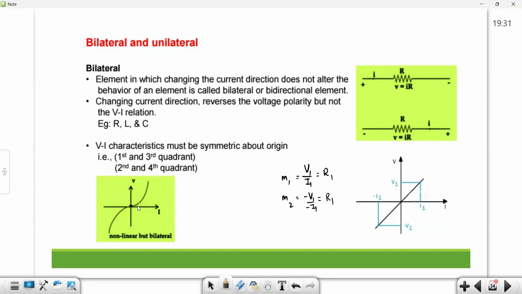If it is not, then it will be unilateral. Even if it lies in the second and fourth quadrants similarly, it is called bilateral. Fine. Clear? It is given already, it is non-linear and bilateral.